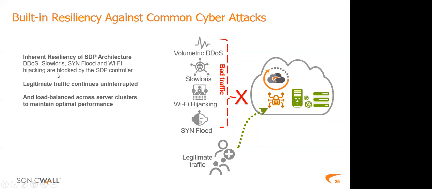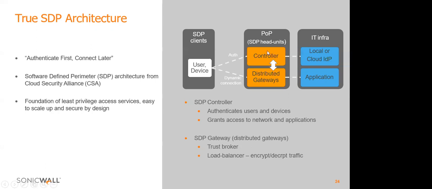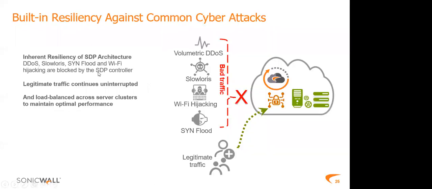These attacks are blocked by the controller, because it has to authenticate the user and the devices, so it will block all these DDoS, SYN flood, Wi-Fi hijack attacks. Only legitimate traffic continues uninterrupted, and only legitimate traffic can access your apps or your networks.